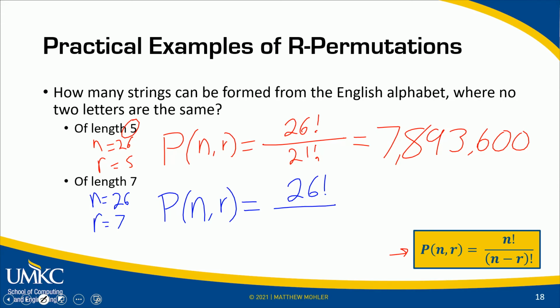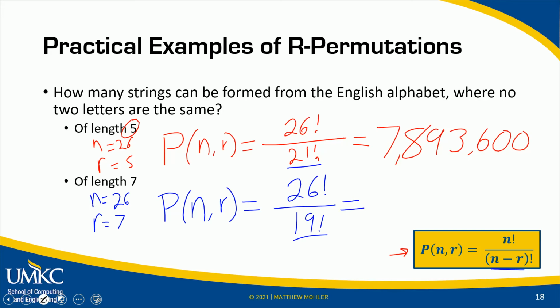That part doesn't change. But what does change is this N minus R term here. And N minus R in this case is 26 minus 7, or 19 factorial. So as opposed to dividing by the 21 factorial above, we're now dividing by 19 factorial.